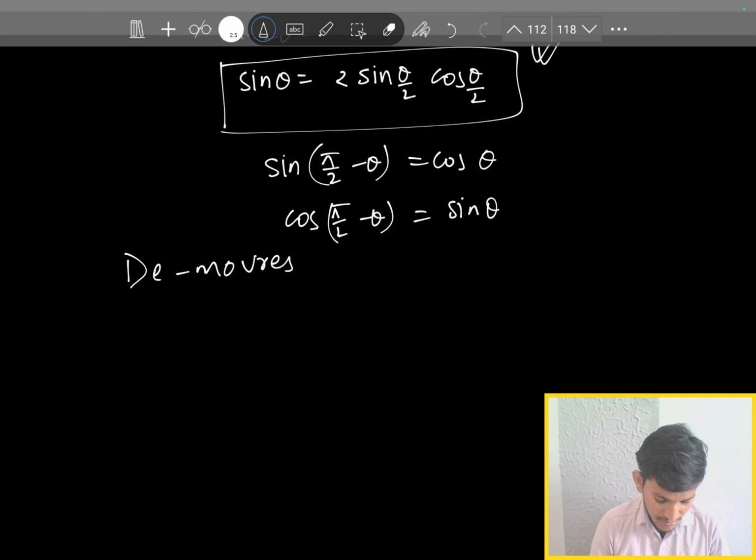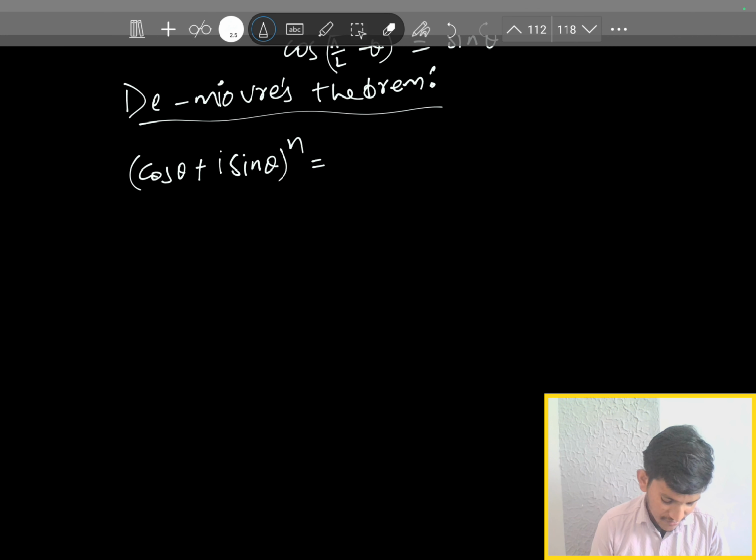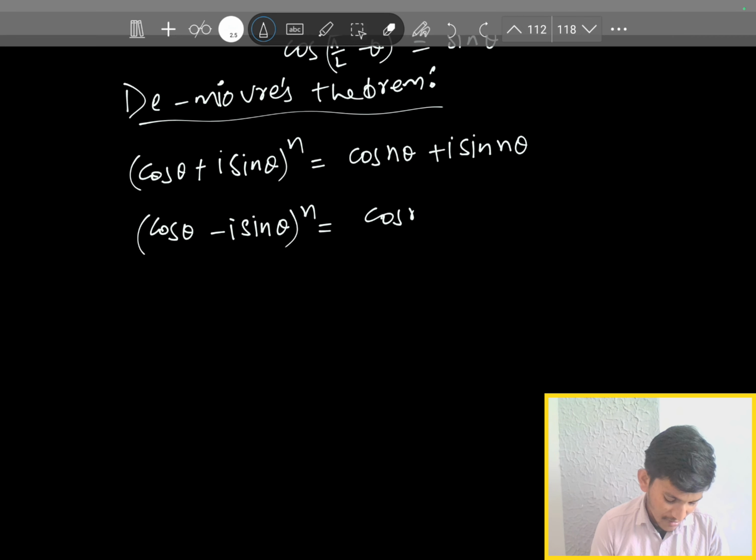According to De Moivre's theorem, (cos theta + i sin theta)^n is nothing but cos of n theta plus i times sin of n theta, as well as (cos theta - i sin theta)^n, which must be written as cos n theta minus i sin n theta.